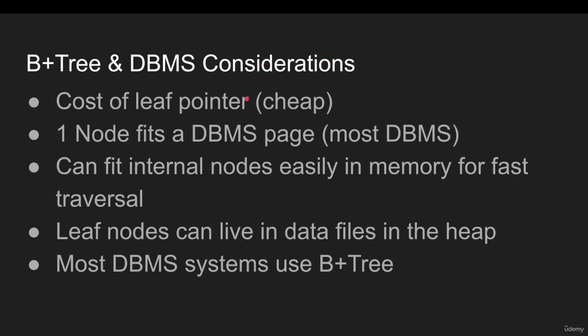WiredTiger in MongoDB, yes, MongoDB does use B+trees through this WiredTiger database engine, which I have a lecture about database engines. WiredTiger is a B+tree based engine, and they also have an LSM variant, log structured merge tree, that doesn't have this pointer, right?